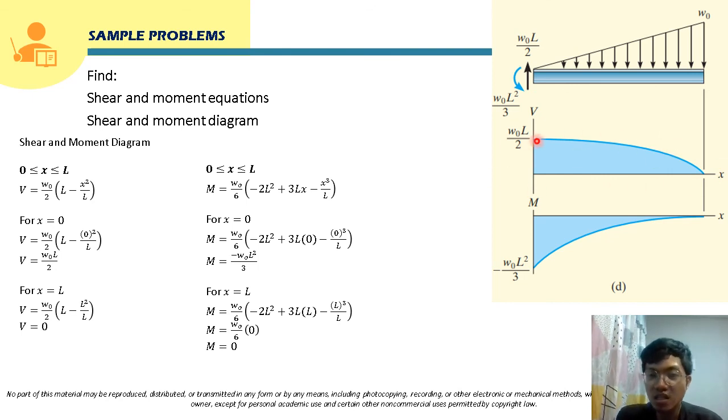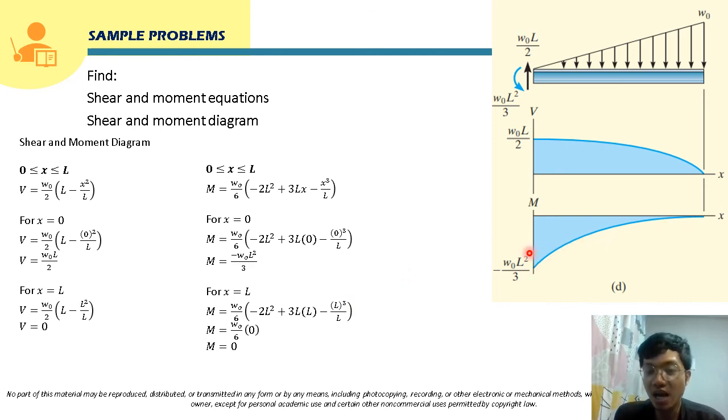As you can see, the shear is sloping down from the left to the right. Class, for shear that is sloping down, the moment should be concave downward. That's why we are going to connect the point here and the point here by a curve that is concave downward.